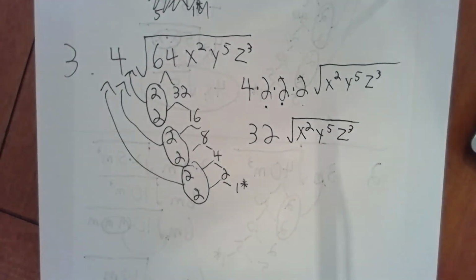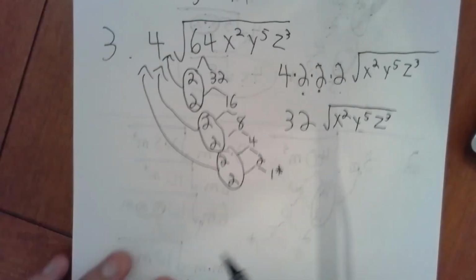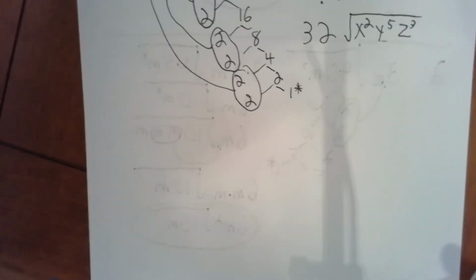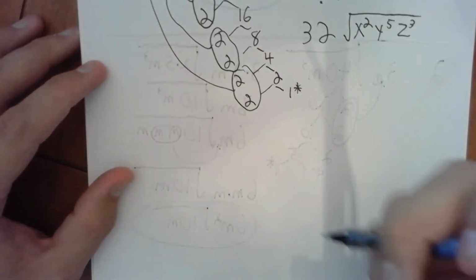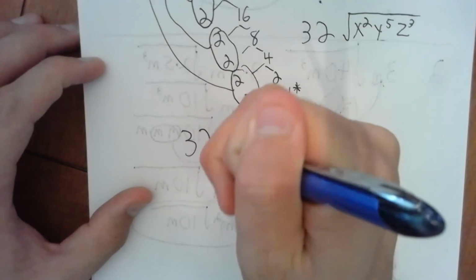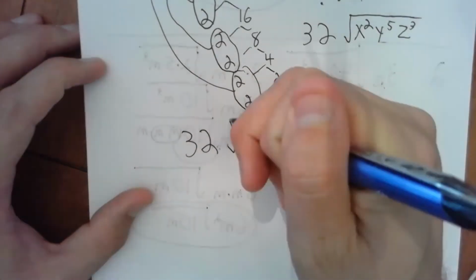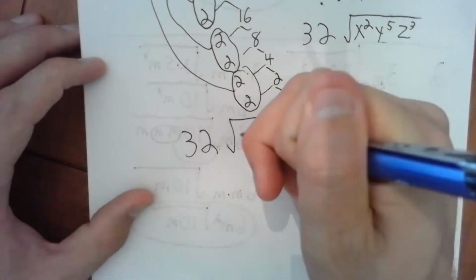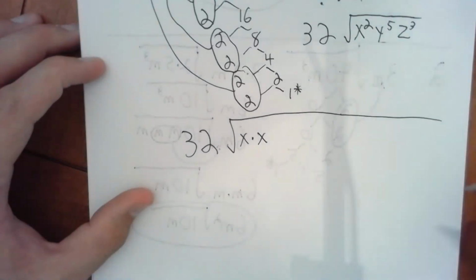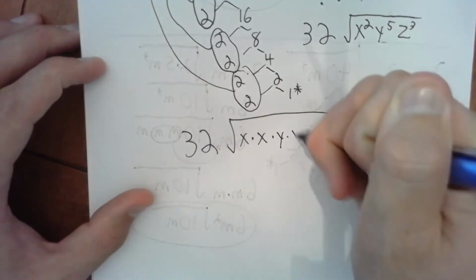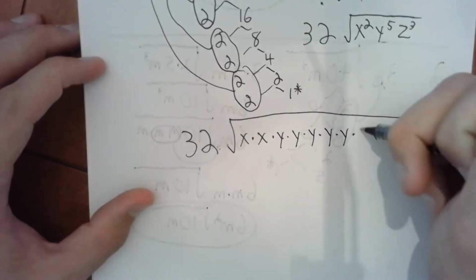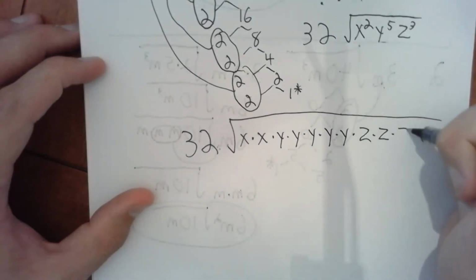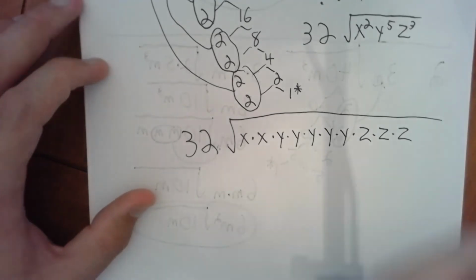Okay, so now we're ready to deal with our variables. And I'm going to need a lot of space here, so I'm going to go all the way down here. Because what we have to do is write the x squared, y to the 5th, and z to the 3rd all in expanded form. So I got 2 x's from the x squared, got 5 y's from y to the 5th, and I got 3 z's from z to the 3rd.